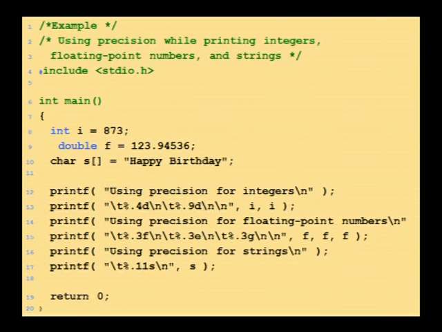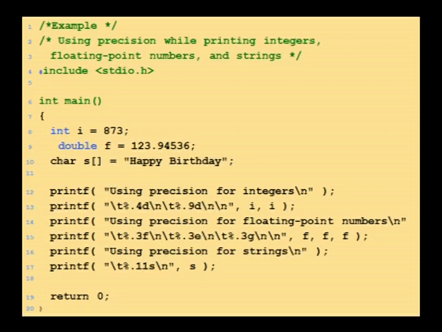Using precision: #include <stdio.h>. As we want to use the printf function, there should always be the header file stdio.h. Integer i is equal to 873, double f is equal to 123.94536, and string character s is an array, "Happy Birthday", a string we want to display.